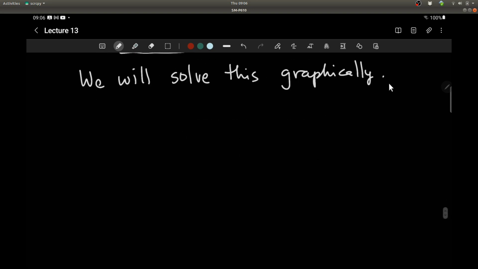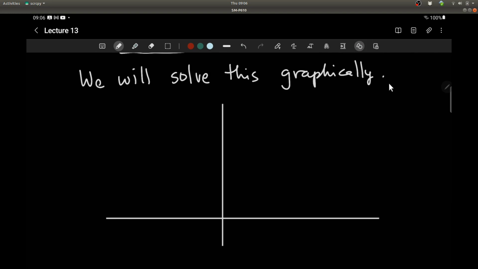The idea is that you plot two functions. One is the linear one, which goes to the negative side also. This is a linear thing. And then we have to plot a hyperbolic tangent also here.